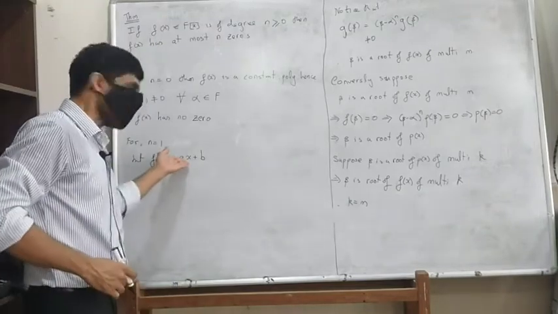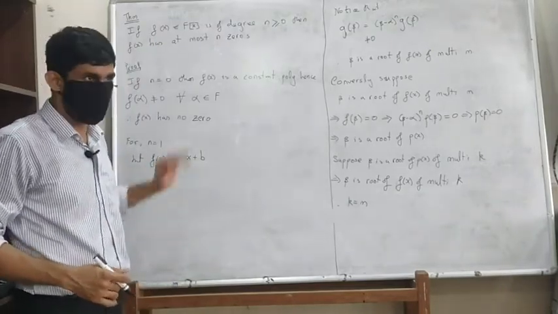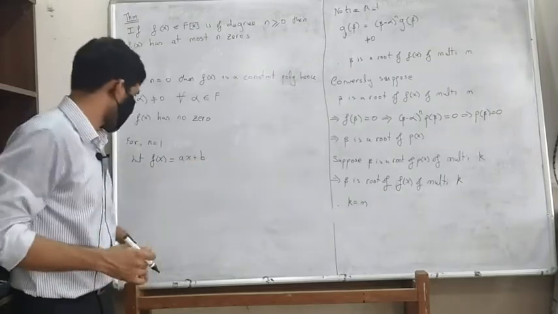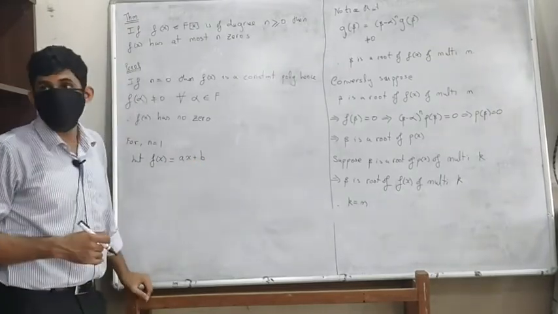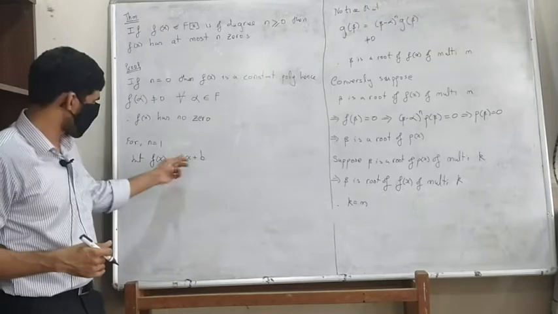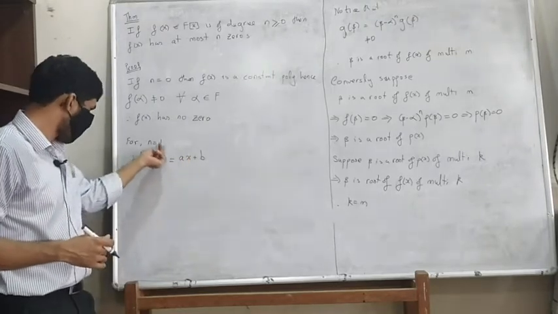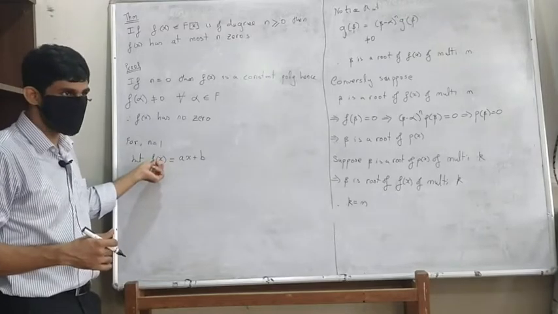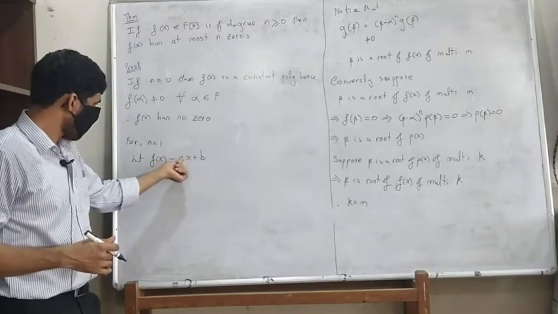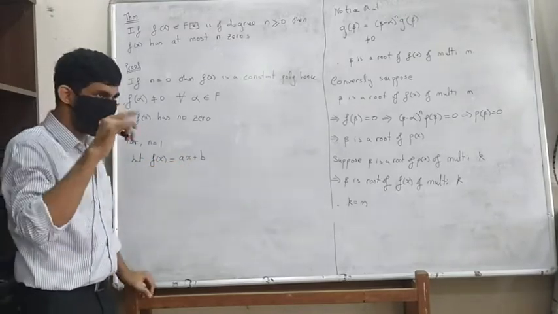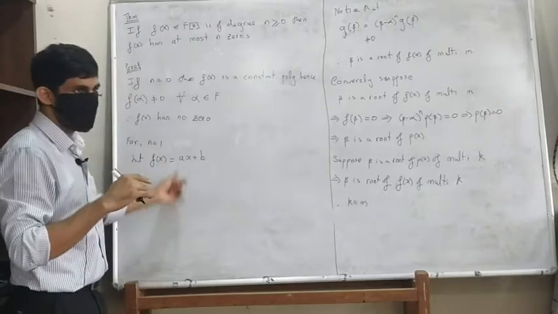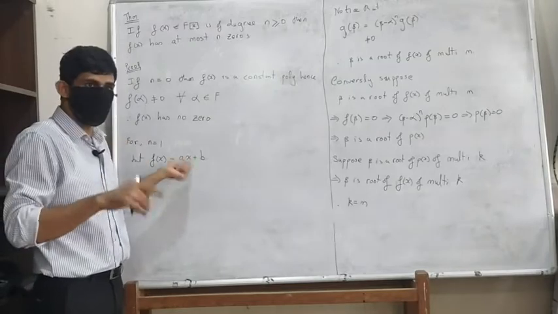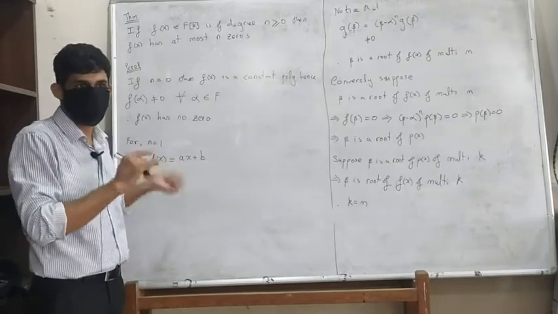Obviously minus b times a inverse is a zero of this, because if you substitute it here, the a and a inverse will cancel and you will get minus b plus b, which is 0. Now if alpha is a zero, you need to show that there is no other zero.